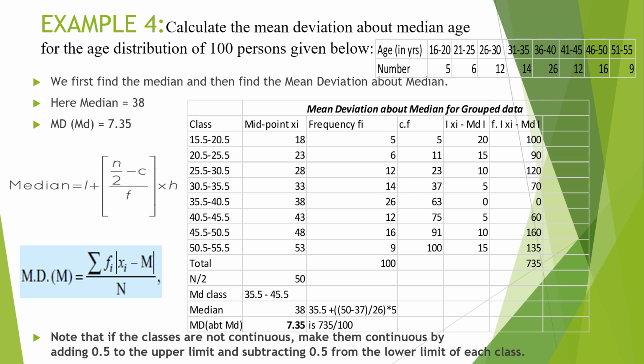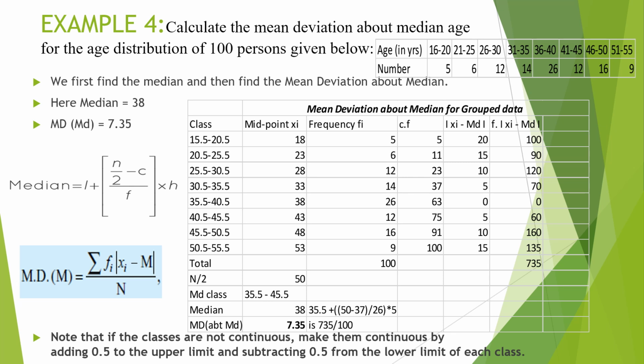Now to find the mean deviation about the median, the formula is sigma fi mod of xi minus median, upon n. So in the next column we write the absolute value, mod of xi minus median. For the first class xi is 18, and the median we found is 38. So 18 minus 38, the absolute value of that is 20. Similarly for all the classes.